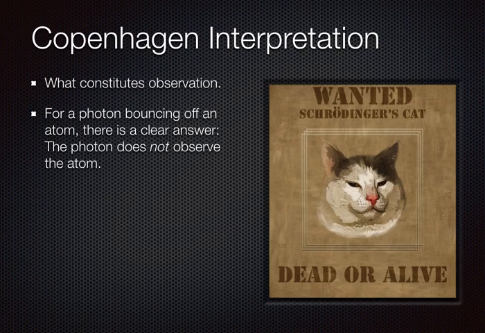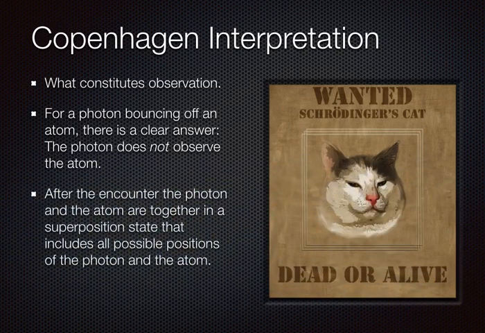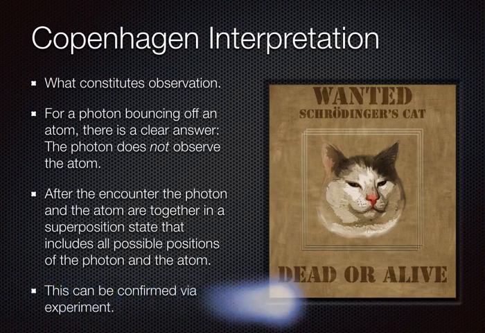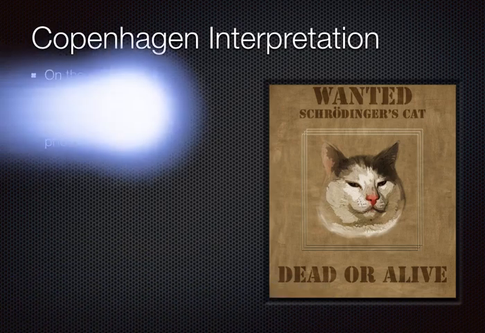Like we can't see our red blood cells. Red blood cells are hitting other red blood cells. Do other red blood cells see red blood cells? The answer is no. After the encounter, the photon and the atom are together in a superposition state that includes all possible positions of the photon and the atom. This can be confirmed via experiment.